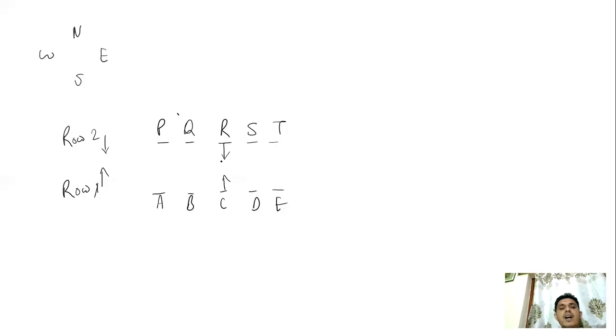Now if I ask you a question, you just have to answer yes or no. My question is: B is sitting in front of the person who is third to the right of T, right? T's right means 1, 2, 3. That means the statement that I spoke was correct, right?